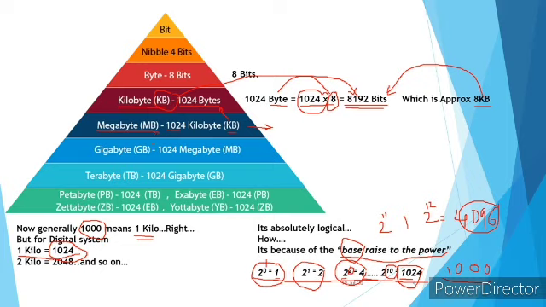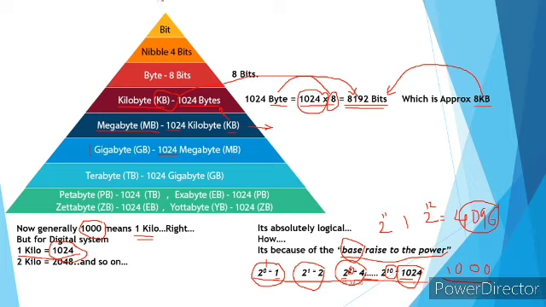Same is the case for GB. Now 1 GB corresponds to 1024 MB. So again that 8388608 can be multiplied by 1024.